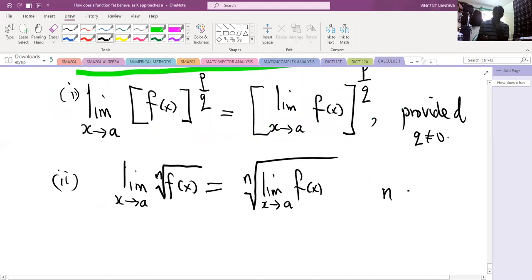This n is a positive integer. So those are the properties.